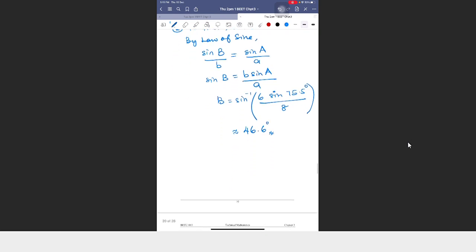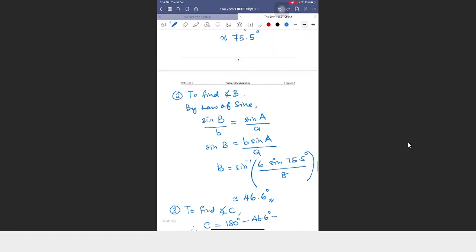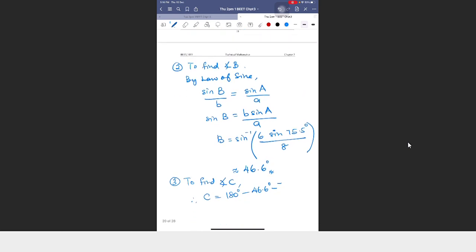Then the last one is your angle C. This one is straightforward. To find angle C, 180 degrees subtract the two angles that you have found just now, 46.6 as well as 75.5, which is then 57.9.